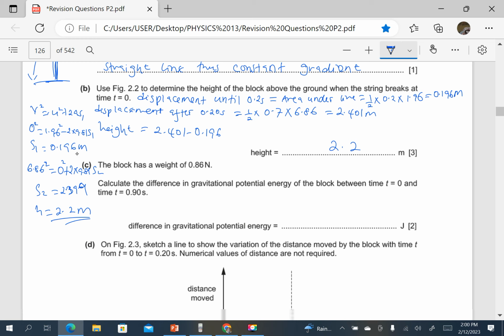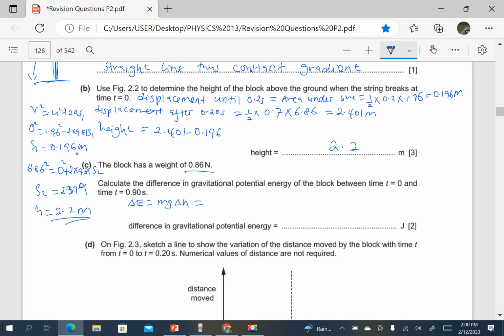Okay, the block has a weight of 0.86 newtons. Calculate the difference in gravitational potential energy of the block between t equals 0 and t equals 0.90 seconds. So we know that the difference in potential energy is equal to mg times the difference in height h.